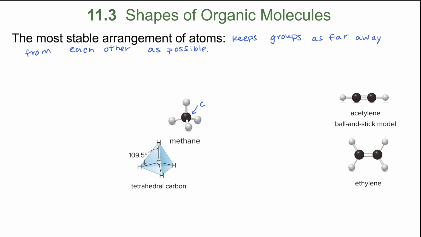So one of the ways that we have of drawing these tetrahedral carbons, we're going to draw 2 atoms in the plane. So the straight lines indicate that it's in the plane. If you can think of your piece of paper as the flat, these are lying flat on your piece of paper.